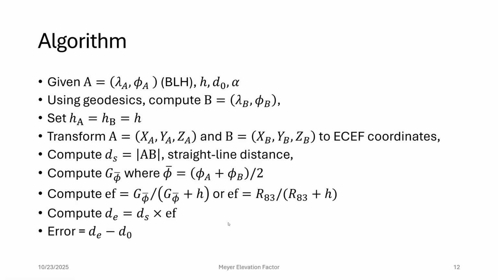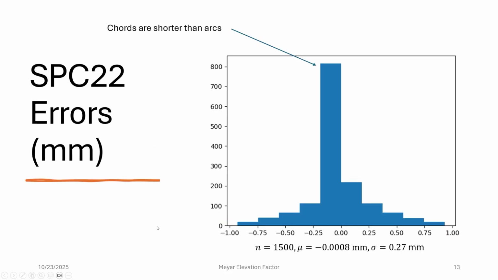So let's see what happens. With this test suite, we have 1,500 values on this meridional band. The average error was 0.0008 millimeters. It's an extremely accurate reduction, and this is on a pretty long line, a 1,000-meter line.